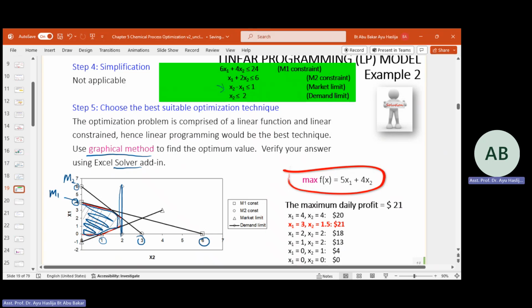Because your x2 cannot exceed 2. It is the demand limit. Okay, your interior paint must be 2 or lower.